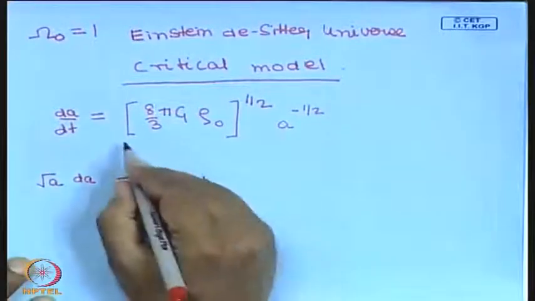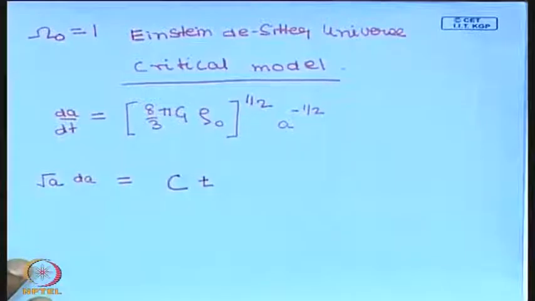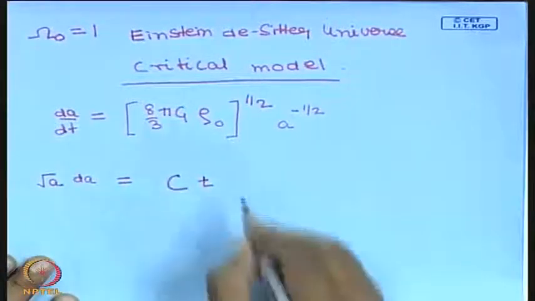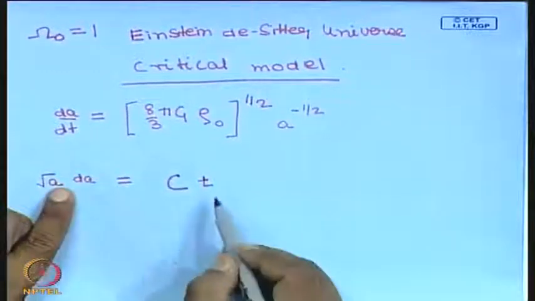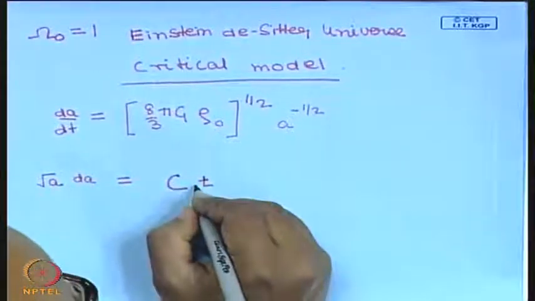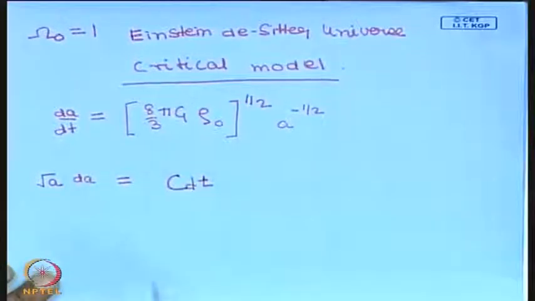I have just put this in this constant, and there can be a constant of integration here, but we would like the scale factor to be 0 at t equal to 0. So let us integrate this equation.